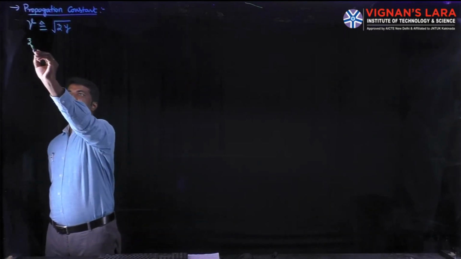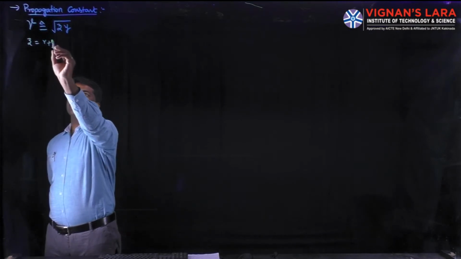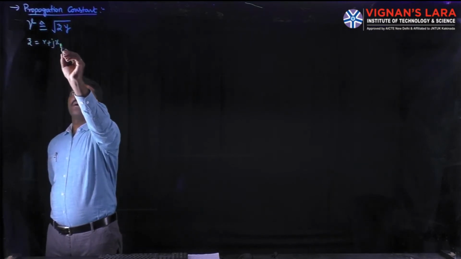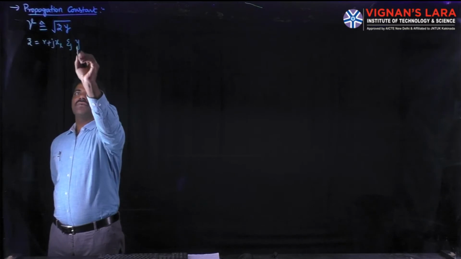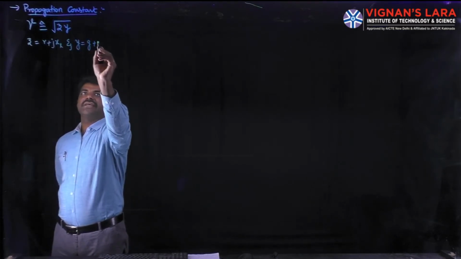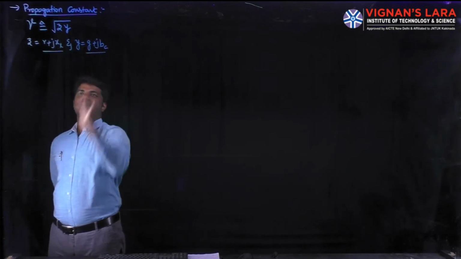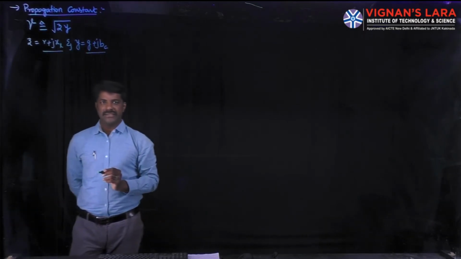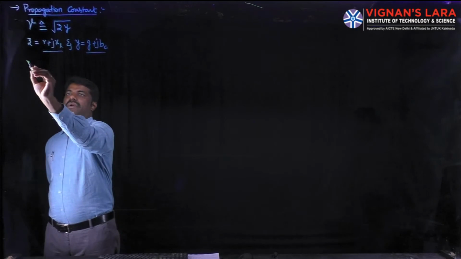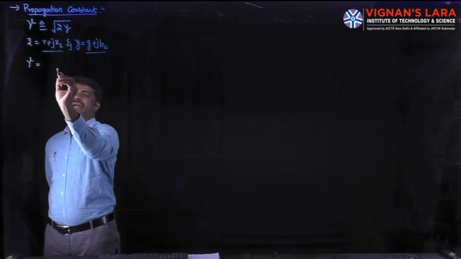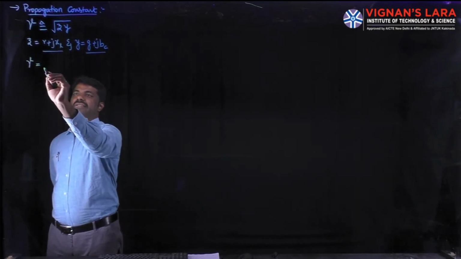Since z is equal to R plus jXL and y is equal to G plus jBC, these two are in complex notation, having real part and imaginary part. Then the product of z and y under root is called gamma.